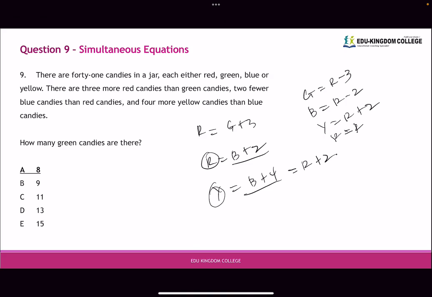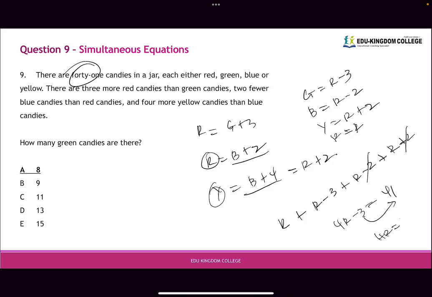So if I add all of these colors up in terms of R, red is R, plus green, which is R minus 3, plus blue, which is R minus 2, plus yellow, which is R plus 2, the 2's cancel out, I get 4R minus 3, and that's in total 41. So 4R minus 3 equals 41. Move this over, 4R equals 44, which means that red equals 11. So if red is 11, how many green candies are there? R minus 3, 11 minus 3, 8.